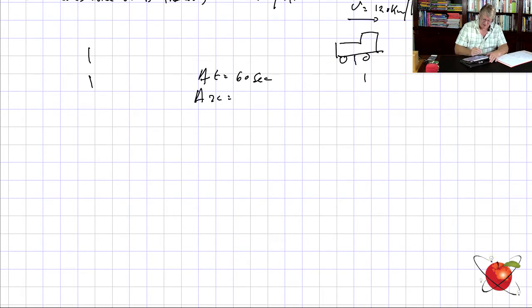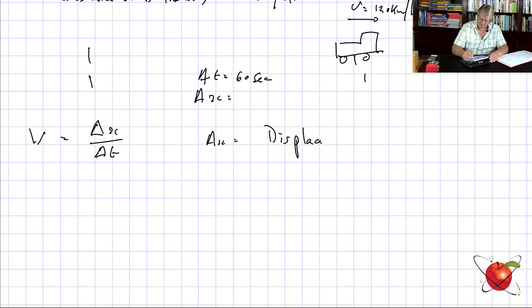Now, going way back, let's have a look at velocity. Velocity is measured in meters per second. So it's actually delta x over delta t. Delta x is displacement, and delta t is time. It's displacement over time. Now, we don't know what the displacement was because we don't know how far it went.